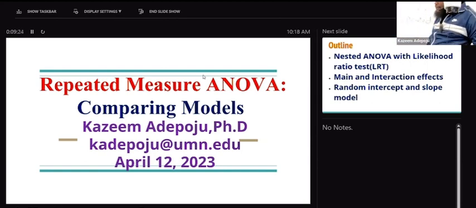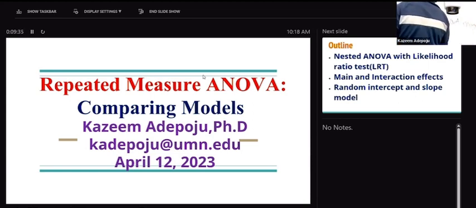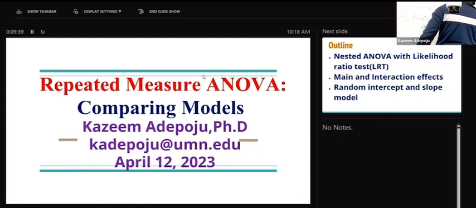I'm going to say that again. For repeated measure ANOVA, the subjects were tested on one single treatment, except that they were observed at different times. That is what we call a repeated measure ANOVA.